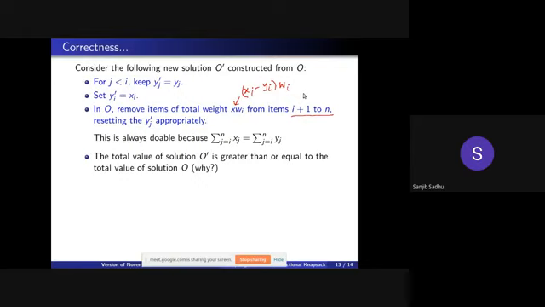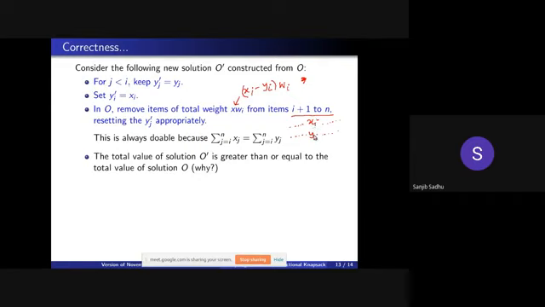Actually, our solution had xi and their solution had yi. Yi is less than xi. These schedules are the same, and there are some elements after these also. Now I will make these two equal.